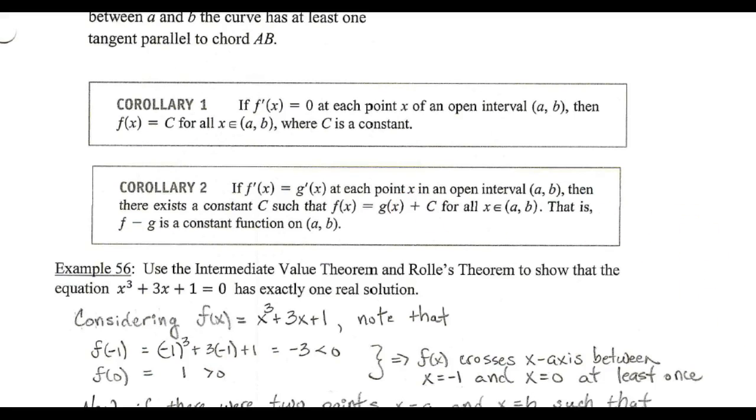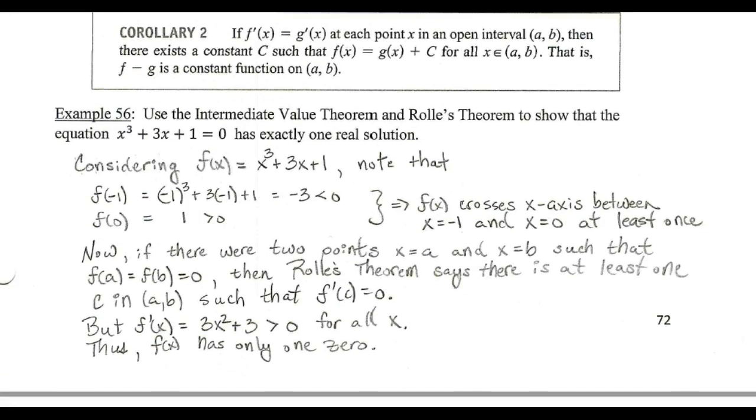Okay, so we want to use, in this example 56, the intermediate value theorem. The intermediate value theorem was not in this section, we had that before. The intermediate value theorem says that if I want to be on the interval a to b, if I get from f of a to f of b, then there has to be some value of x between a and b, let's call it c, such that f of c is equal to some value between f of a and f of b, right?